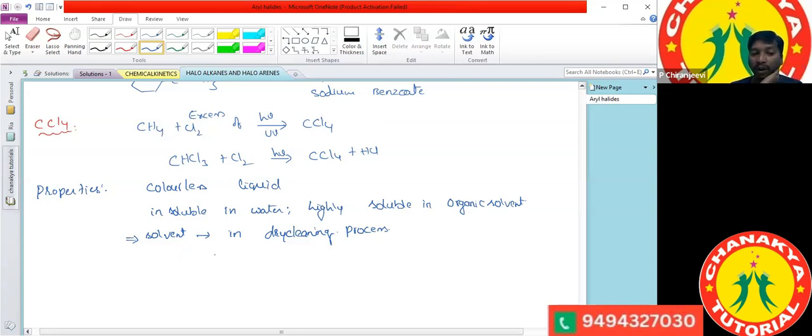At the same time, carbon tetrachloride is used as a fire extinguisher.